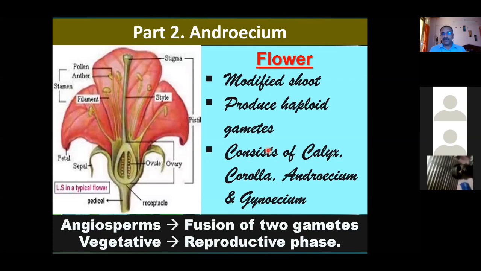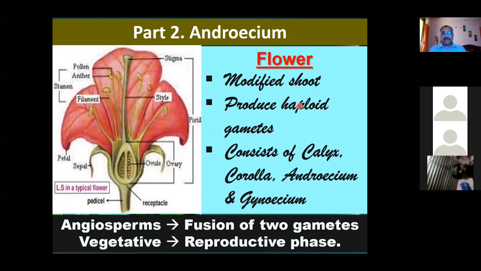So what happens, just before producing the gametes, the particular mother cell has to go for a particular type of cell division, the reduction division, which we call meiosis. In all angiosperms, as a result of meiosis, haploid gametes are produced.